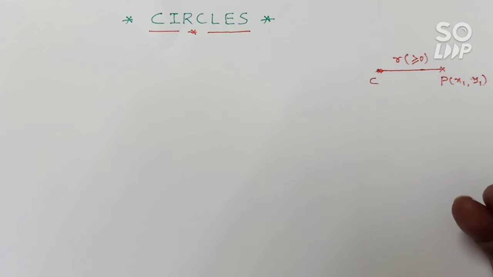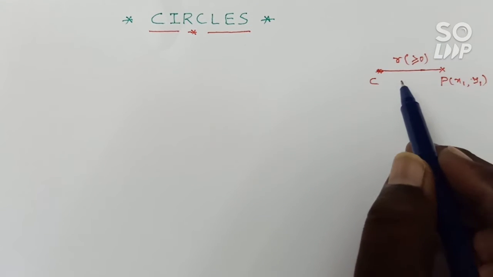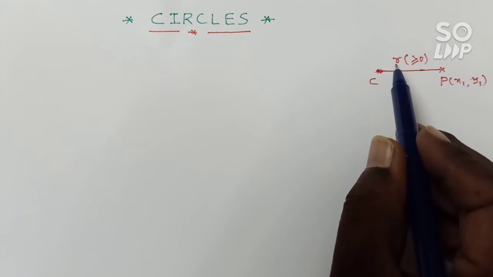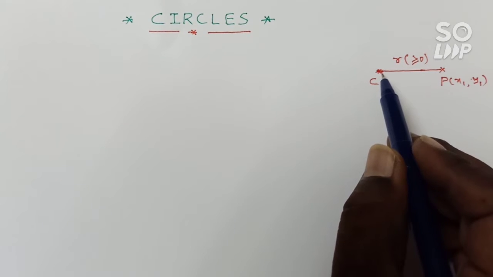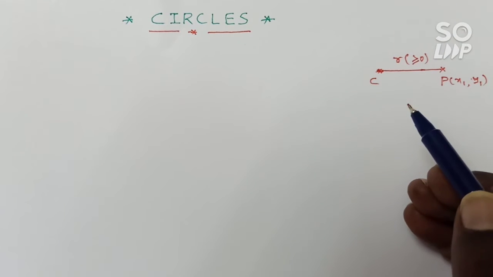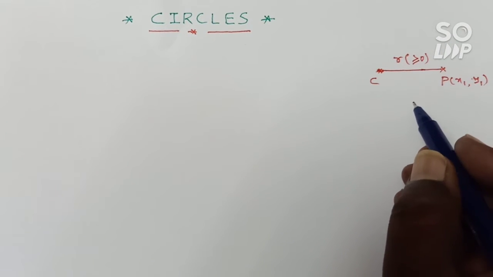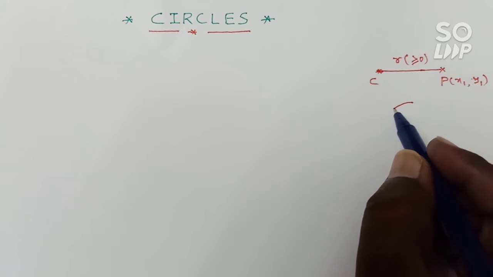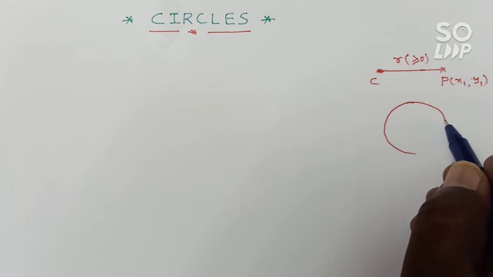So how can we define the circle? The set of points which are at a constant distance, that is r, from a fixed point. So that fixed point is nothing but C, right? Is called a circle. Now finally that figure will be nothing but this one.